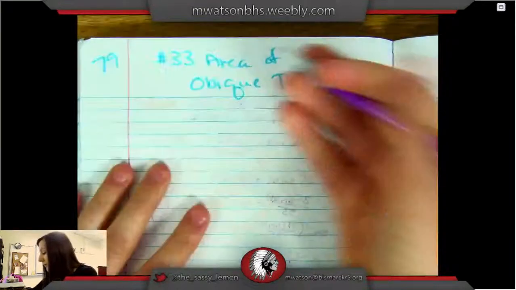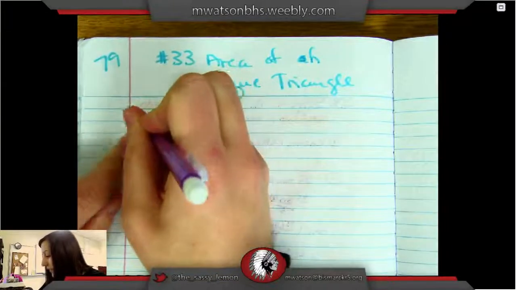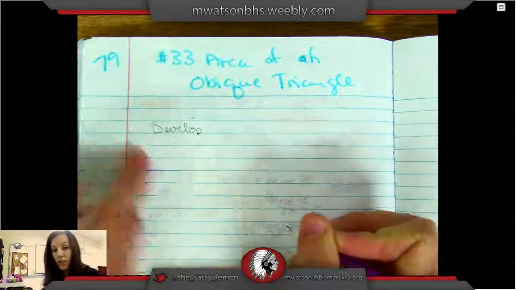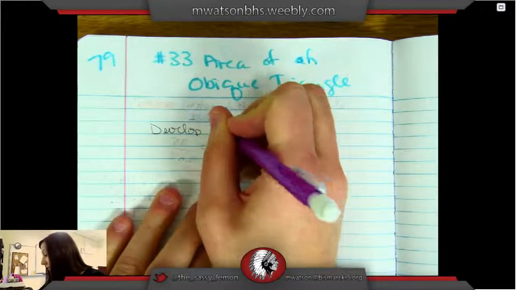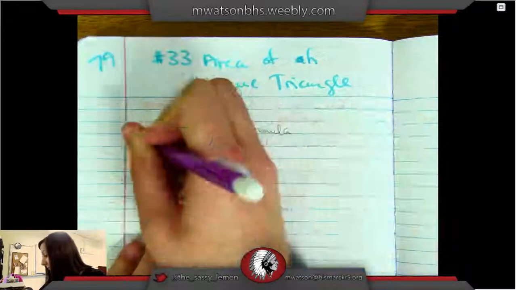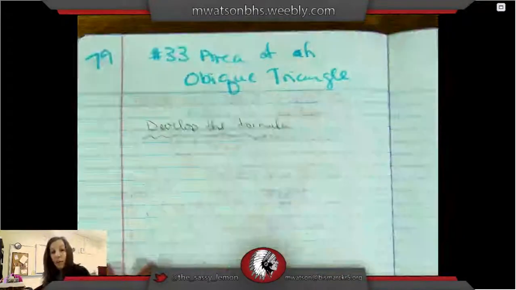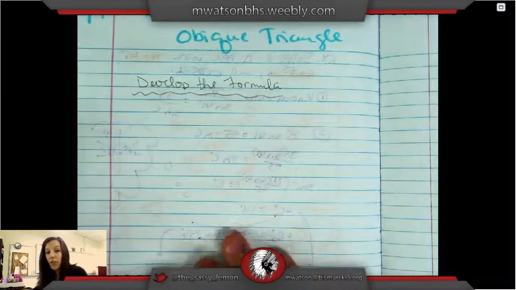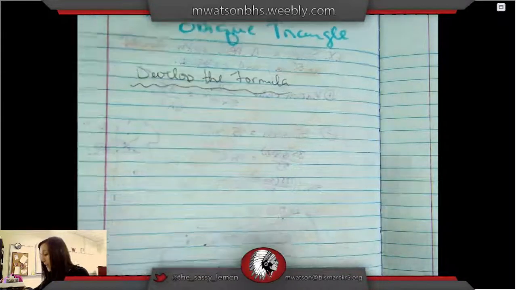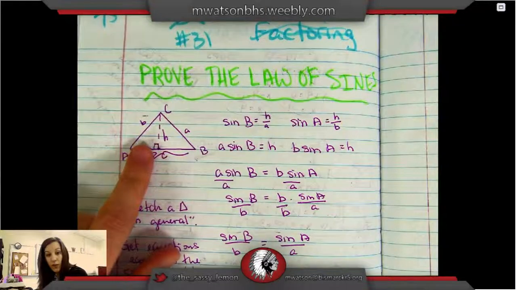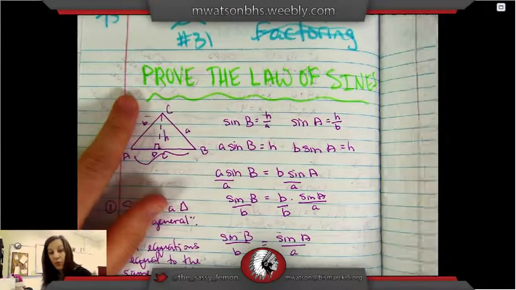So let's go ahead and develop the formula. To help us develop the formula, we need to draw a triangle in general. If you look back a couple lessons, we actually used the triangle that we're going to use again when we were doing a proof.